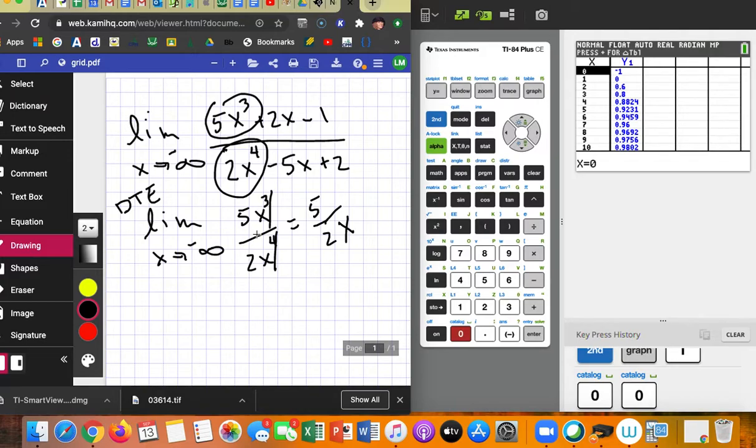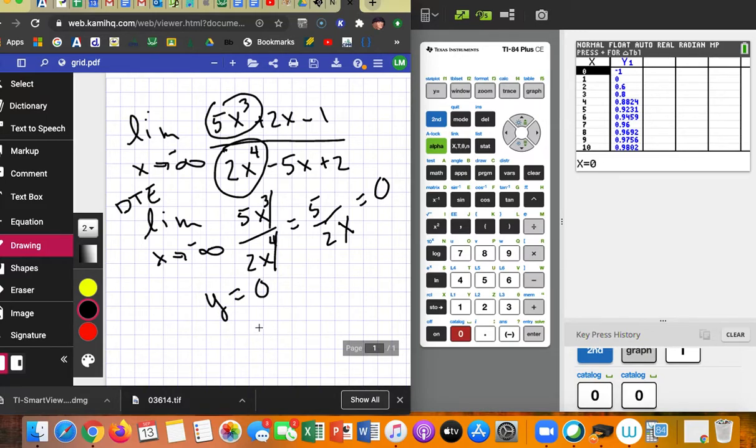And if I made it -1,000,000,000, now I have 5 divided by -2,000,000,000. That's really, really close to 0. So this is going to 0. My limit in that case would be going to 0, which would mean I would have a horizontal asymptote at y equals 0.